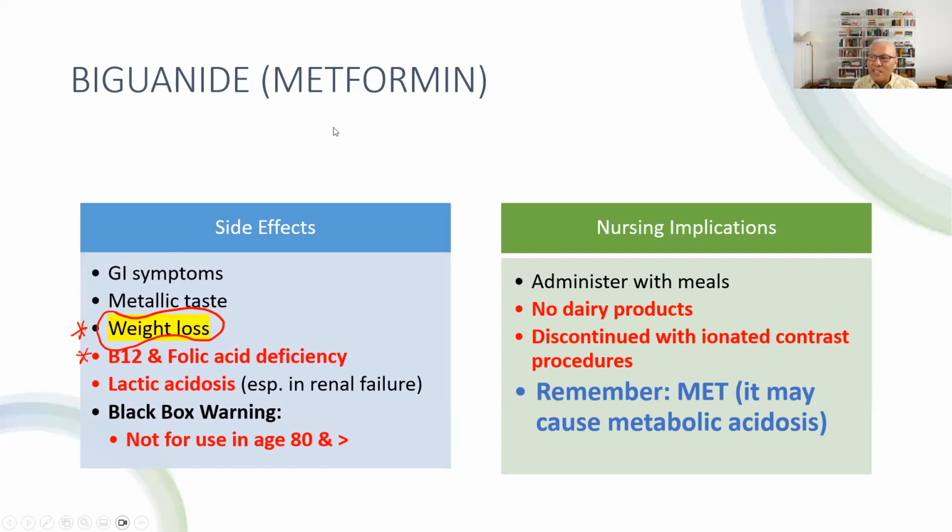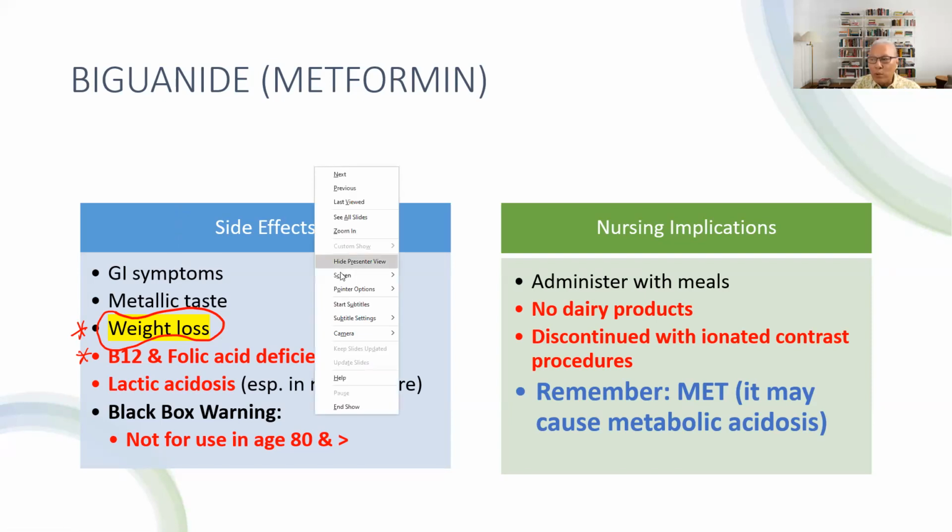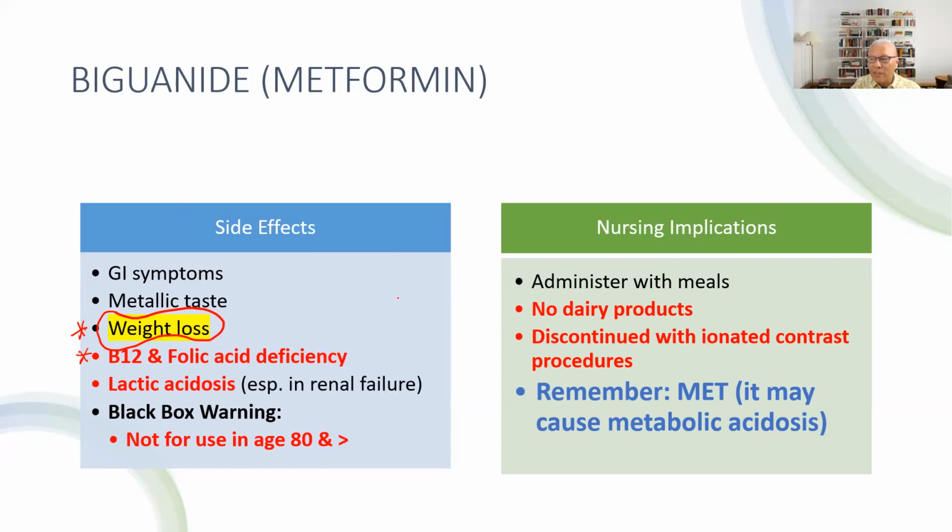So the signs and symptoms of lactic acidosis are going to include hypotension and bradycardia. And that's the reason why these patients are going to be critical, because of the hypotension as well as the bradycardia.